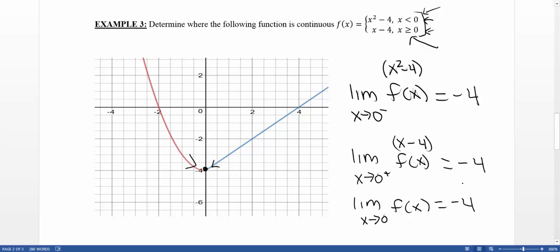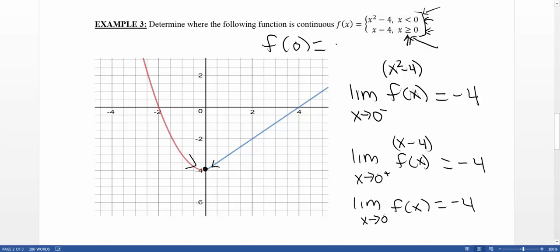So we're going to be continuous here in terms of the limits, but we also have to make sure that's true in terms of the functional value. So we know that the limit is negative 4, but I also need to know what happens when I plug in 0 into my function, just to make sure it's continuous at 0. So if I plug in 0, I need to go to the equals case, because that's the case that includes 0.